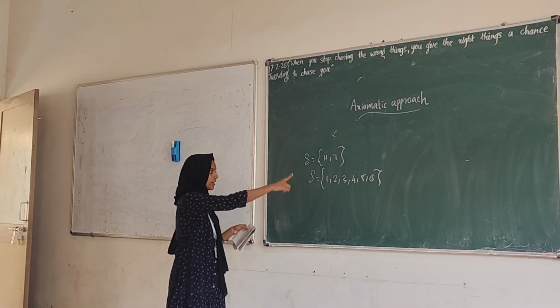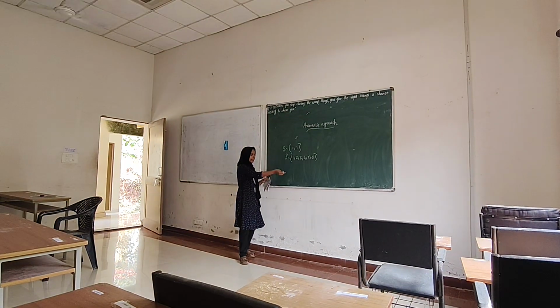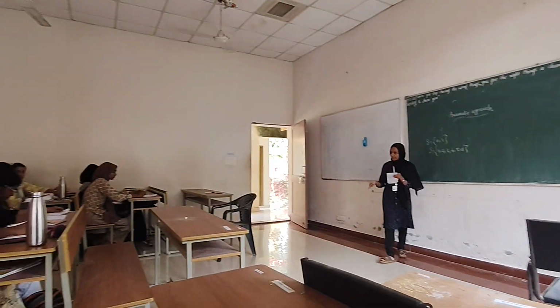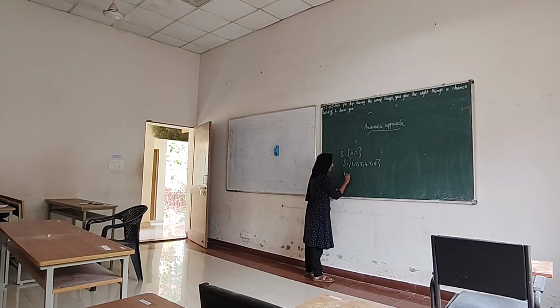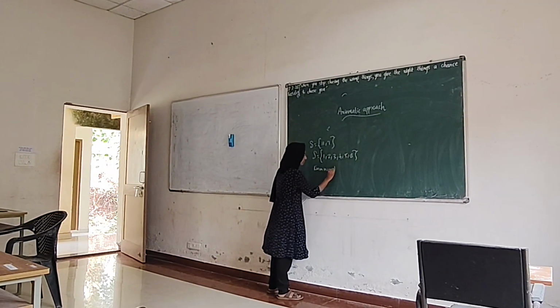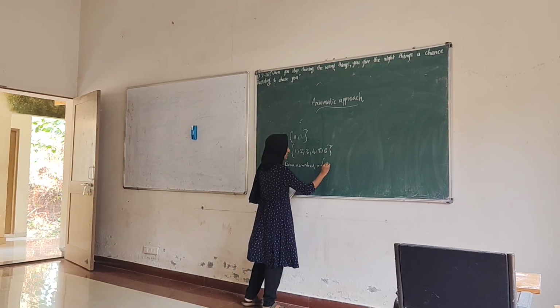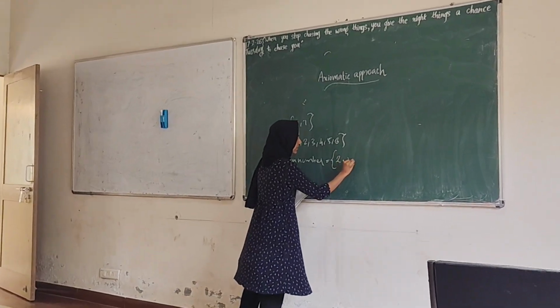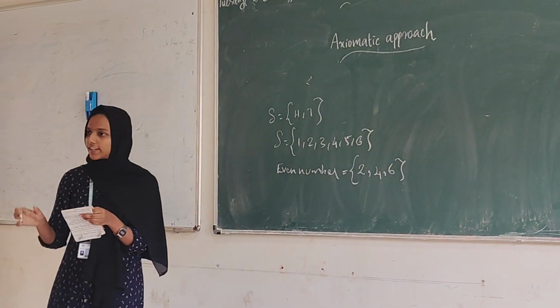For example, when we roll a die, consider the event of getting an even number. So the event of getting an even number is that is 2, 4, 6. This is an example of an event.